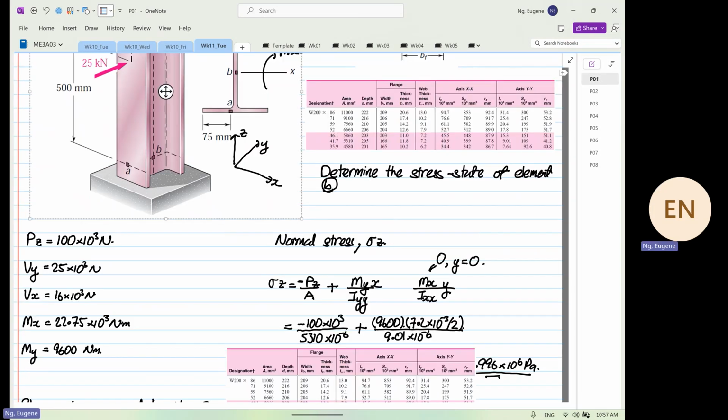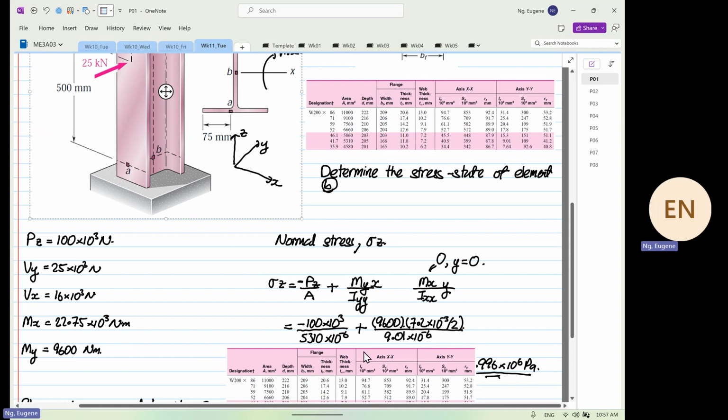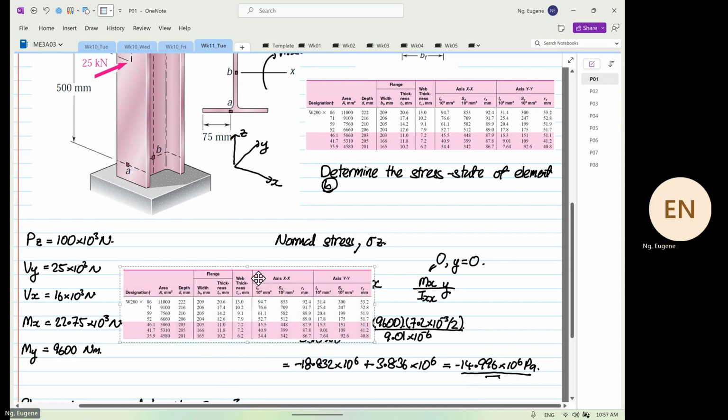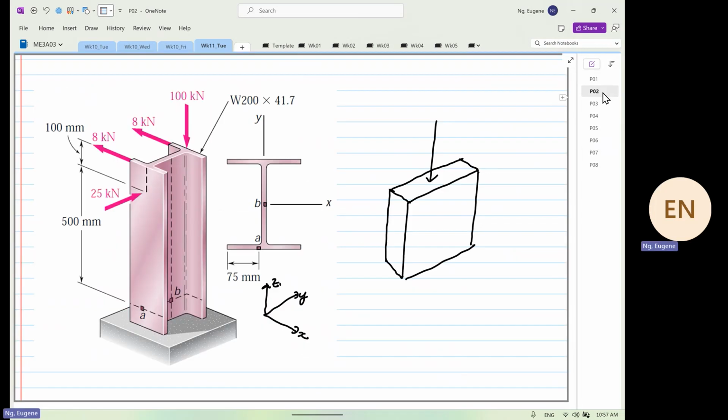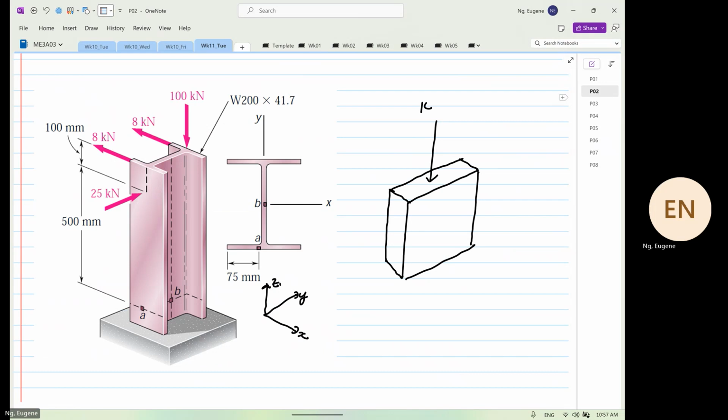This compression we calculated to be equal to 14.996. If we were to construct the shear flow, we will do this, and then go in this direction. Yes or no? This is our shear flow.